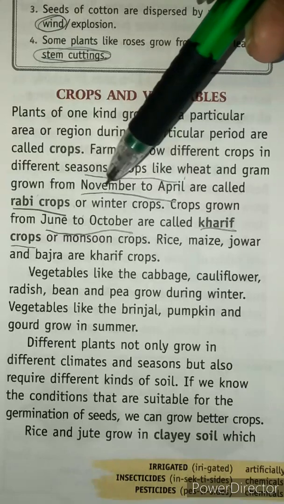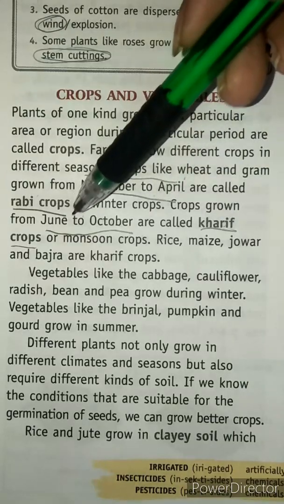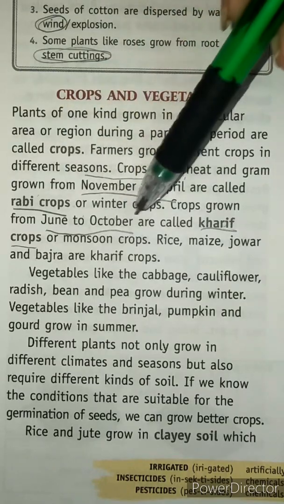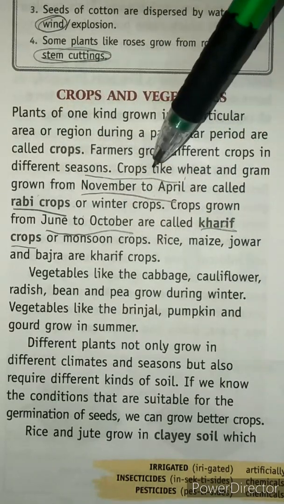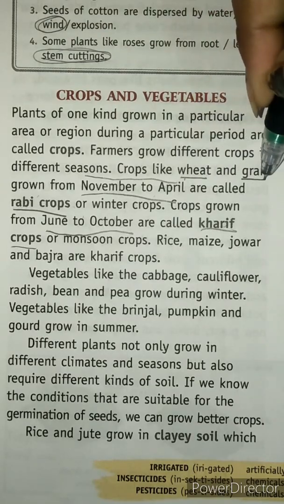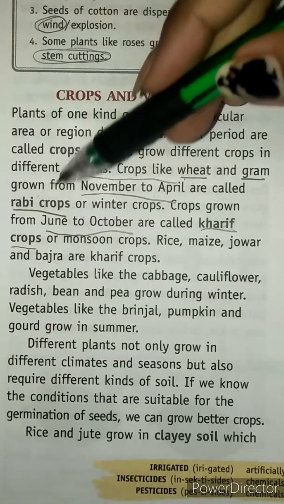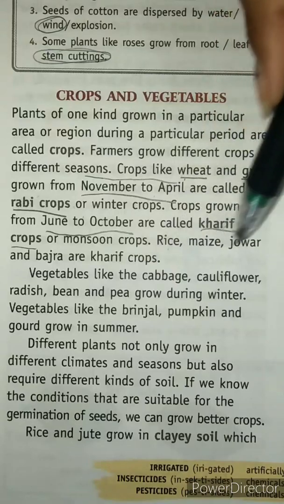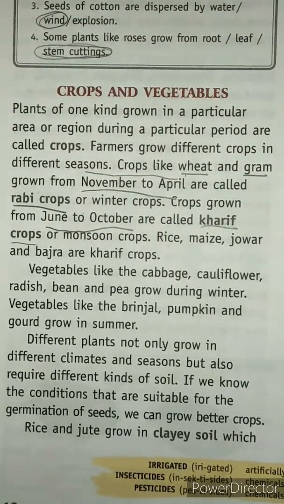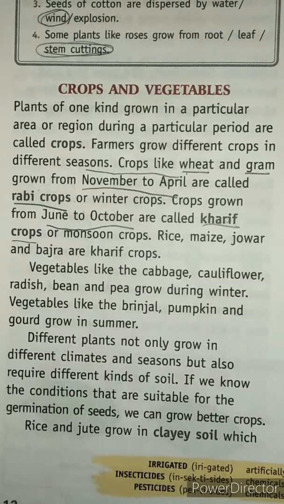Rabi season, that is November to April, and Kharif season, that means June to October. Clear? Some examples are also there. Crops like wheat and gram are Rabi crops, and rice, maize, jowar and bajra are the Kharif crops. Clear?